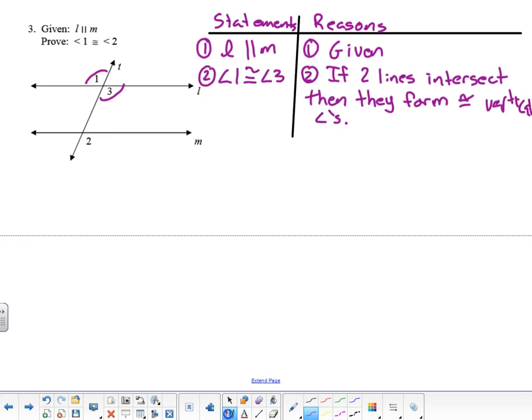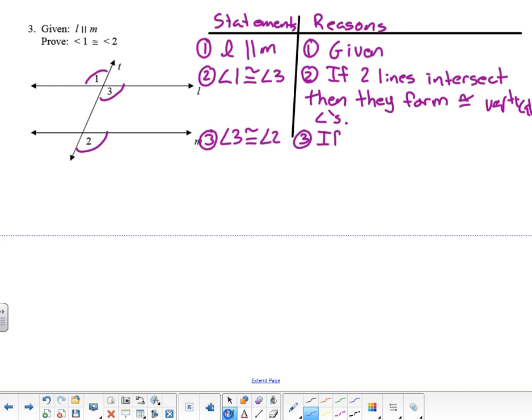Again, if 2 lines intersect, then they form congruent vertical angles. That's for free. Now, we also know that because the lines are parallel, angle 3 is congruent to angle 2. And that's because they're parallel, and that pair of angles is corresponding angles.